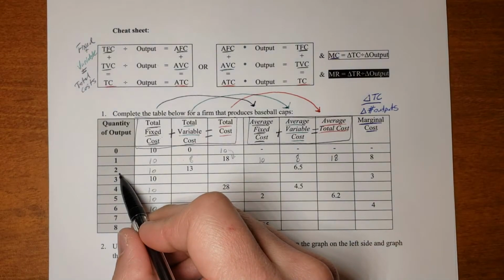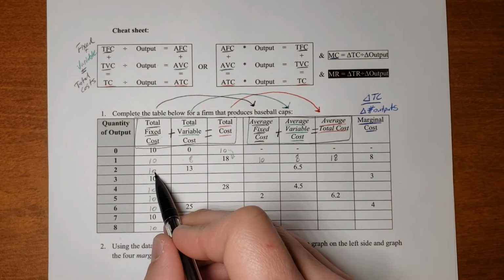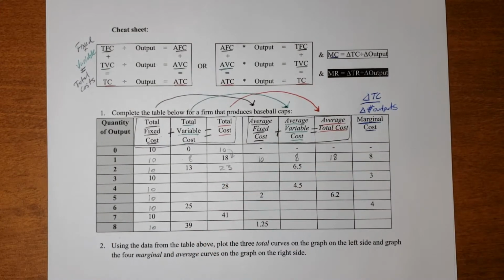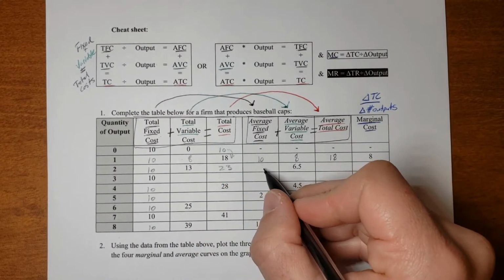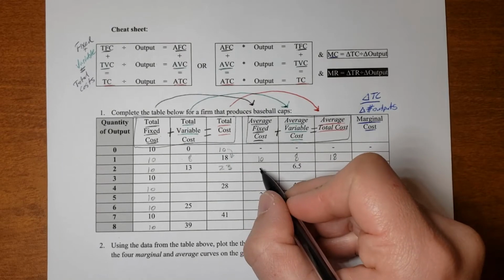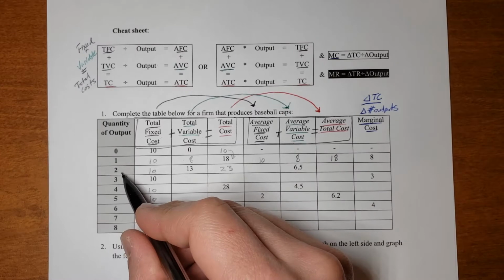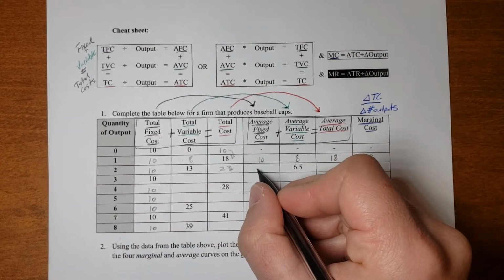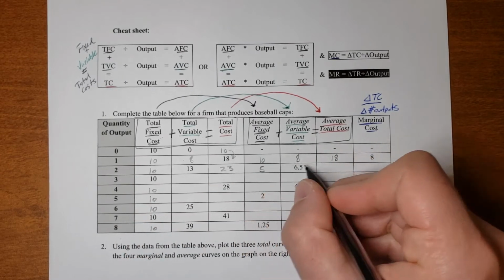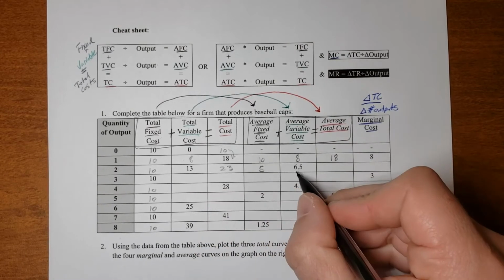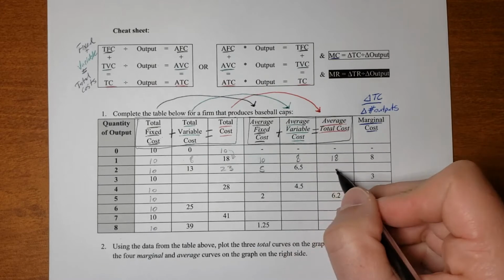Moving on to the second unit of output, 10 plus 13 equals 23, so we know what our total cost is. The average fixed cost is going to be 10 divided by the quantity of output, which is 2. So 10 divided by 2 is 5. Total variable cost 13 divided by 2 is 6.5.